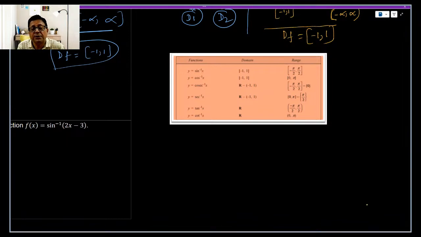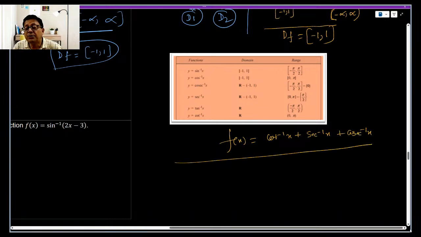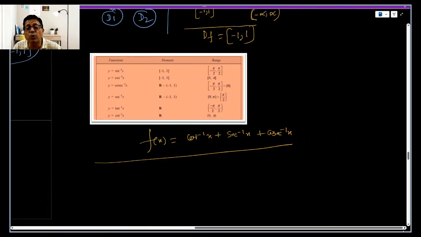Okay. I'm asking just another question for you here: what will be the domain of this function, f(x) equal to cot inverse x plus sec inverse x plus cosec inverse x? Actually, the whole of this topic, domain and range of inverse trigonometric functions, can be traced back to deriving all the formulas.